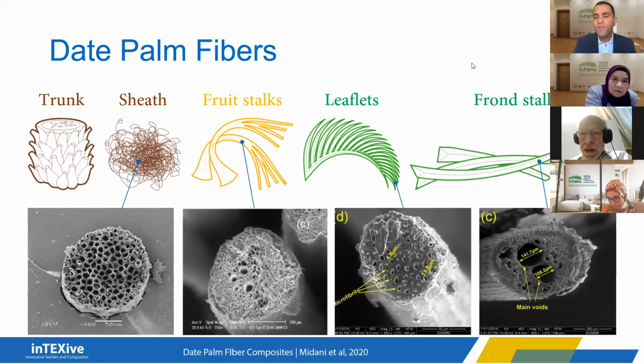For instance, we will find that the frond stalks are composed of fiber vascular bundles, which are characterized by large voids or lumens, whereas the leaflets and the fruit stalks are composed of pure fiber bundles, whereas the sheath, or the fibrous mesh, is a bit different. It has this unique cellular structure. So we need to clearly understand the differences between those microstructures in order to be able to extract textile fibers.